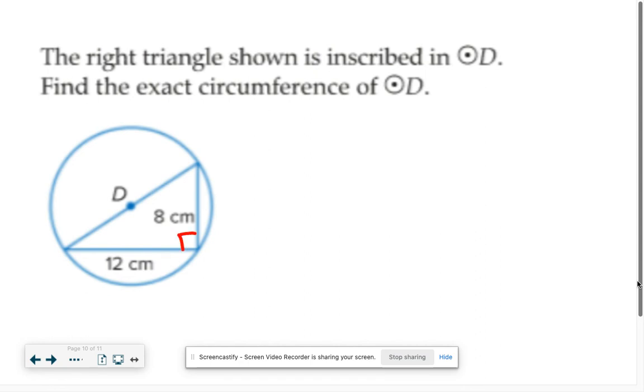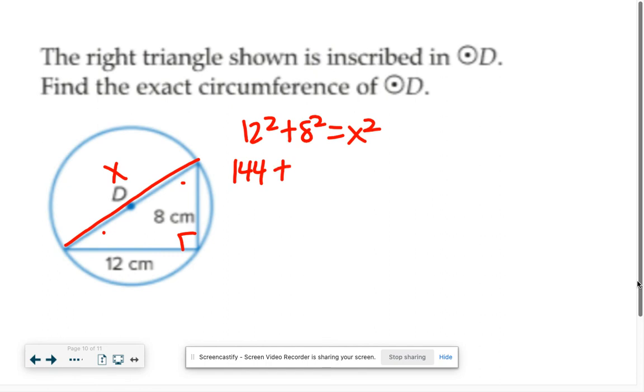But since we don't have any angle measures other than this right angle here, we could do Pythagorean theorem to figure out what our hypotenuse, aka our diameter is. So 12 squared plus 8 squared equals x squared. 144 plus 64, 208 equals x squared. All right, this is going to kill some of you.